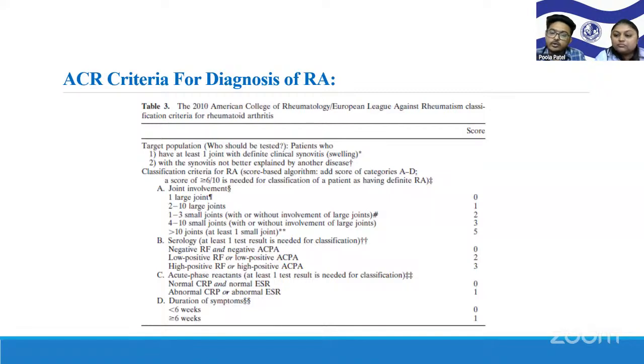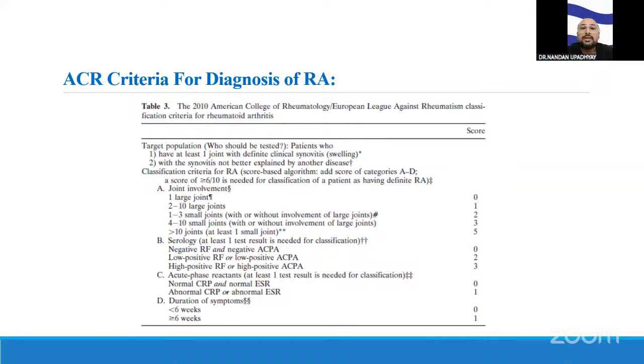There are some radiological findings also seen, like decreased bone density and narrowing of the joint space, sir. And here there are, sir, the American College of Rheumatology criteria, as shown in the slide, sir. There are 4 criteria: joint involvement, serological test, acute phase reactant, and duration of the symptoms. If the score is more than or equal to 6, then the definite diagnosis of rheumatoid arthritis is confirmed.